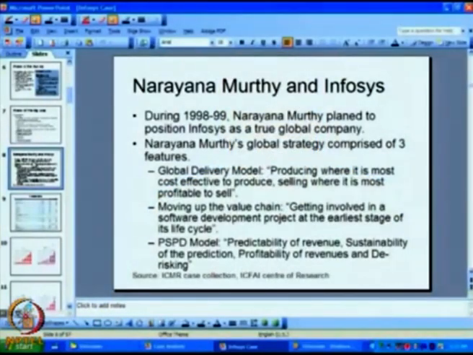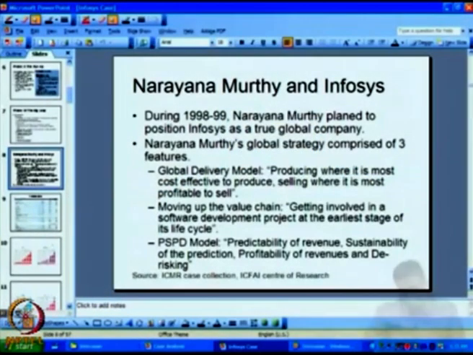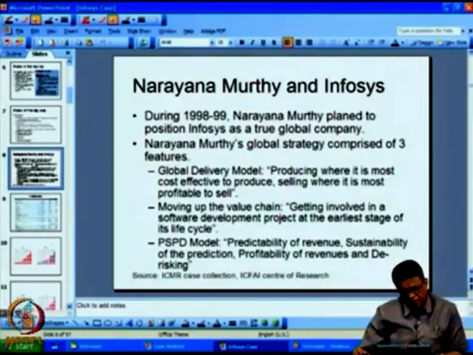So, the same way with respect to any firm. This is the way, if you look at it, that Infosys has really looked at that, gone through the different phases, and now if you really see, what did Mr. Murthy try to do in 98-99? He planned to position Infosys as a true global company.